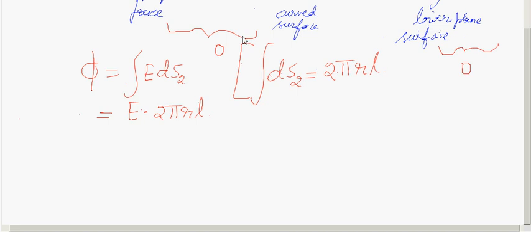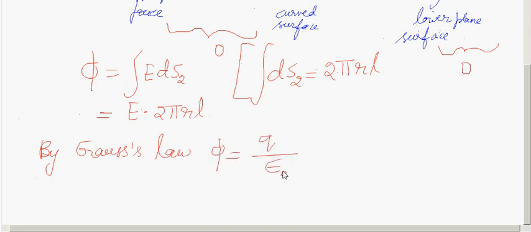And by Gauss law, flux is equal to Q by epsilon naught. Q we calculated as lambda L, so this is lambda L divided by epsilon naught. So this is one equation for flux.